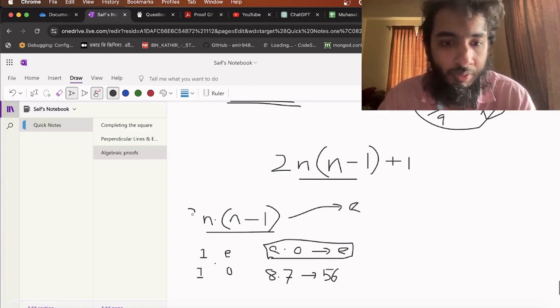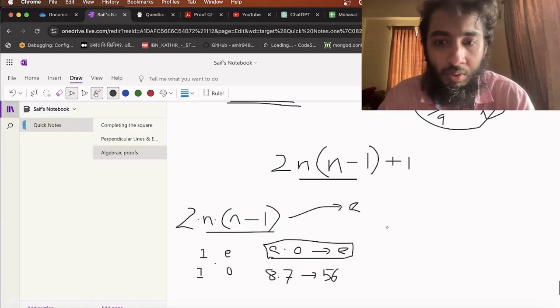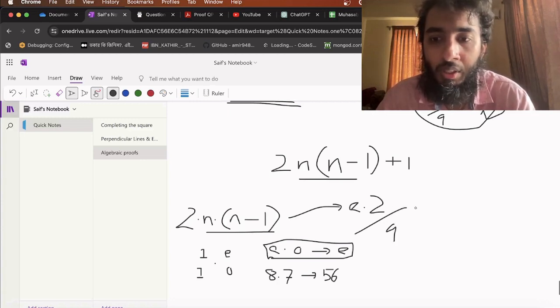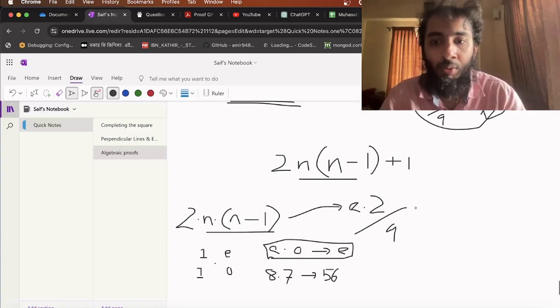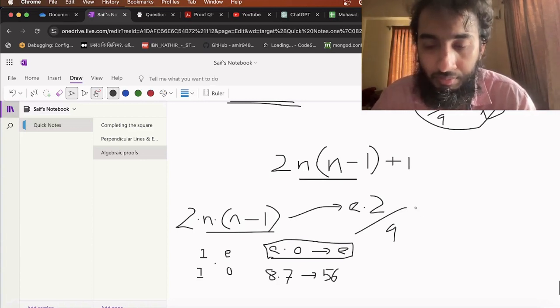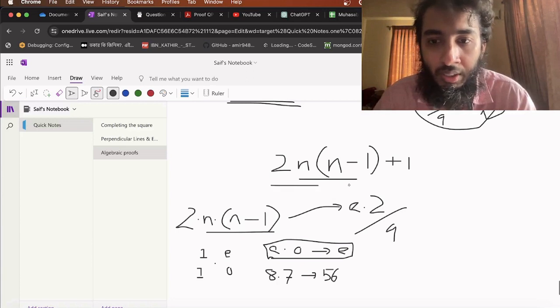So if I multiply this even number by 2, this will always be a multiple of 4. When it is divided by 4, it will have a whole number. So this term will always be a multiple of 4.